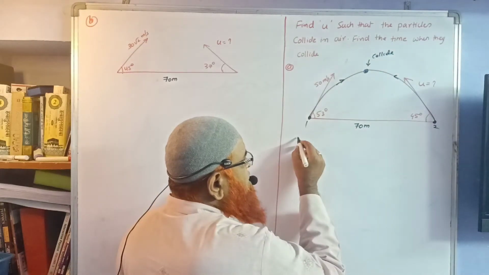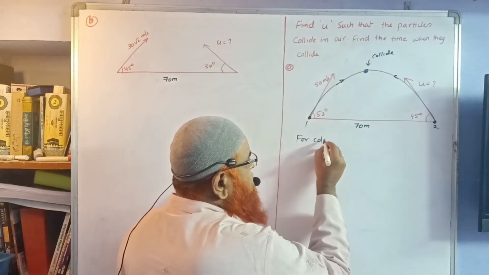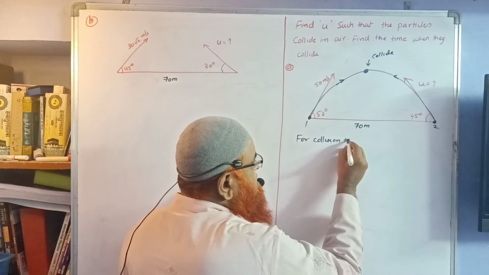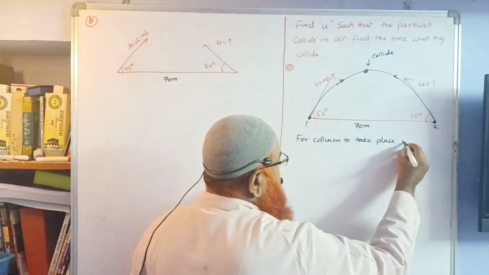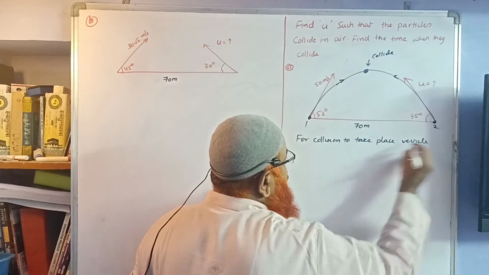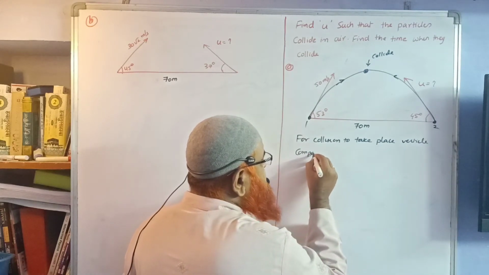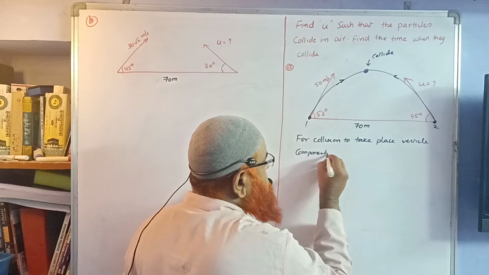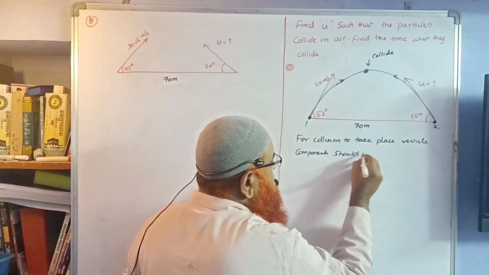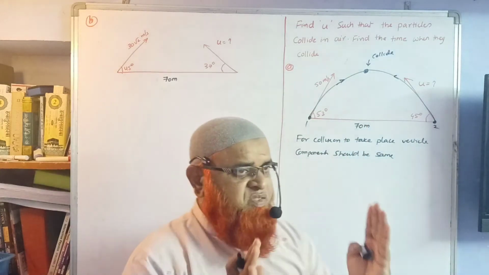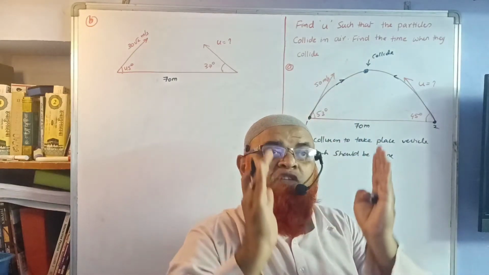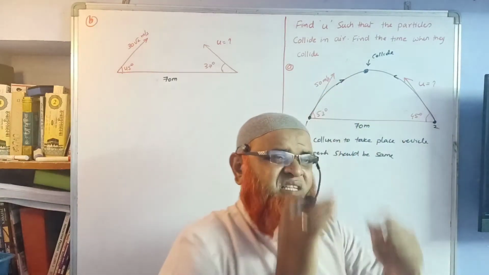I told you, for collision to take place, their vertical components should be the same so that they exactly meet each other.